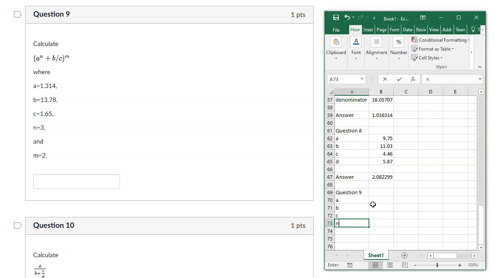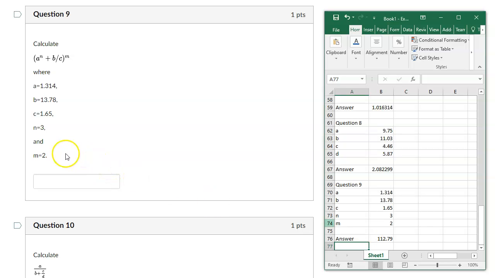A, B, C, N, and M. These are inputs, and they are 1.314, 13.78, 1.65, 3, and 2. So answer: A to the N plus B divided by C, all of that to the M. And that gives me the answer.